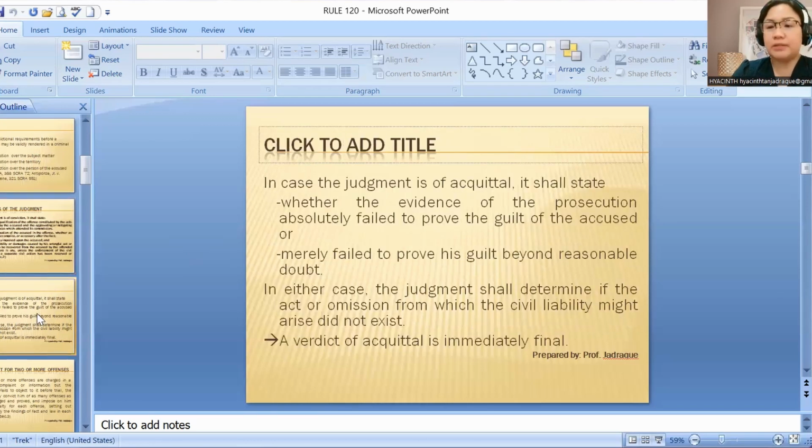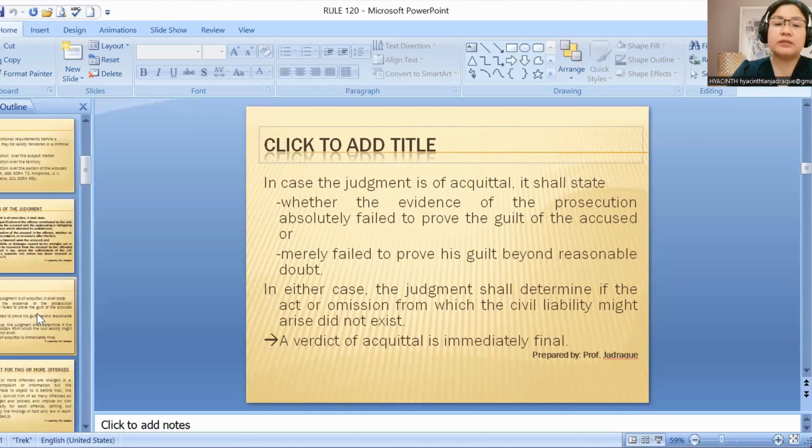Now, take note that if the verdict of the court is for acquittal, the court shall likewise state the reason why the verdict was for acquittal and what was the degree, if ever, or what kind of acquittal was it, so that the court can properly impose civil liability, if any.